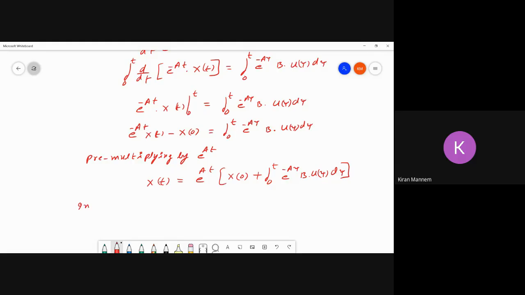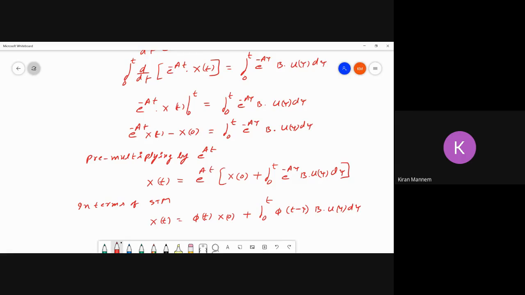So I can write in terms of STM, state transition matrix, x of t is equal to phi of t into x of 0 plus integral 0 to t phi of t minus tau B into u of tau d tau, right?